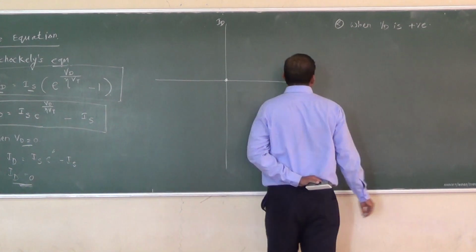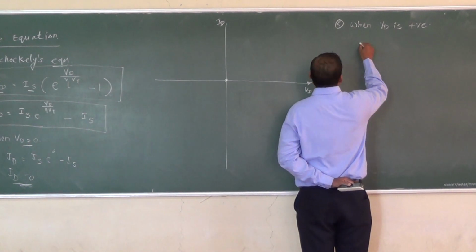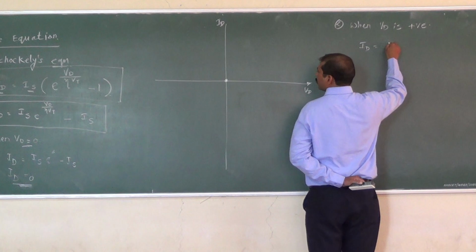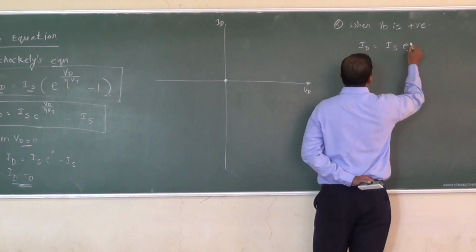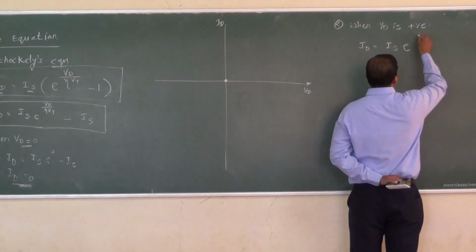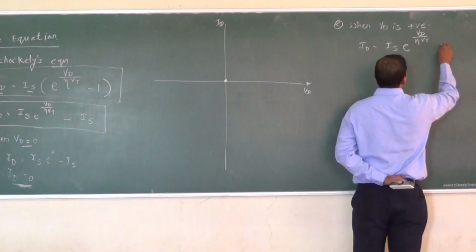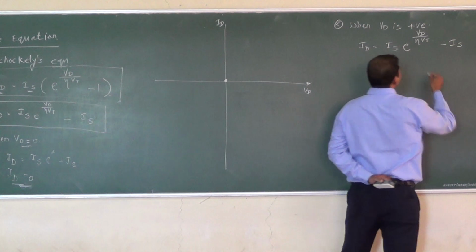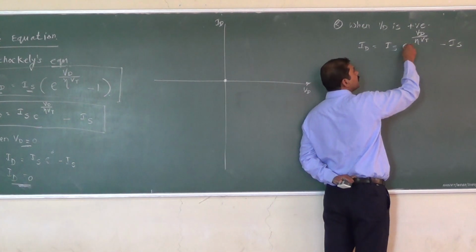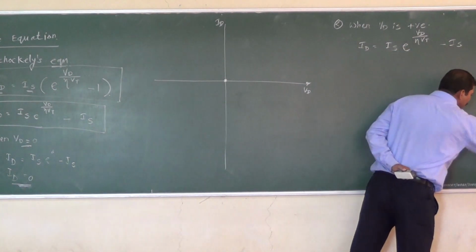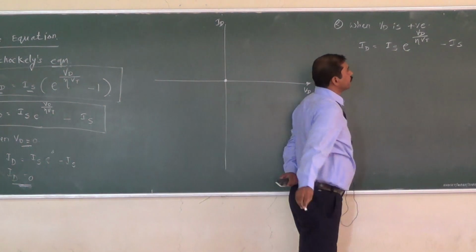So if we put in this equation, ID is equal to Is e raised to power Vd upon eta Vt minus Is.